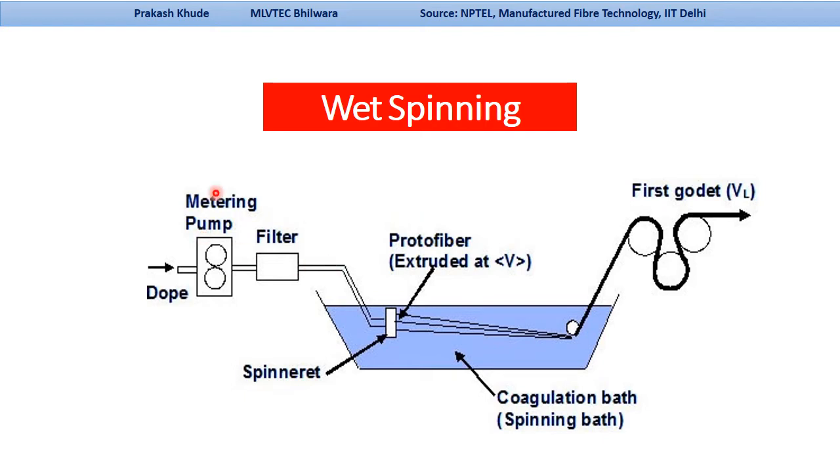Here we can see that we need to prepare the dope solution by dissolving the polymer with the help of a suitable solvent.